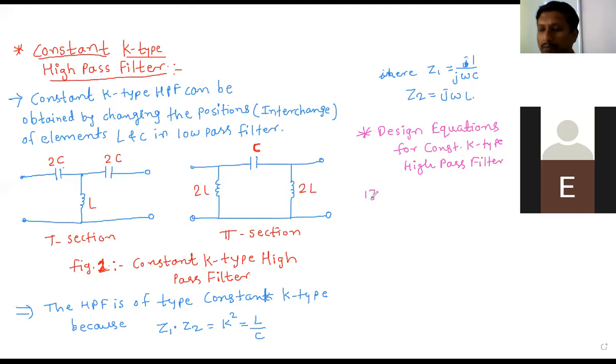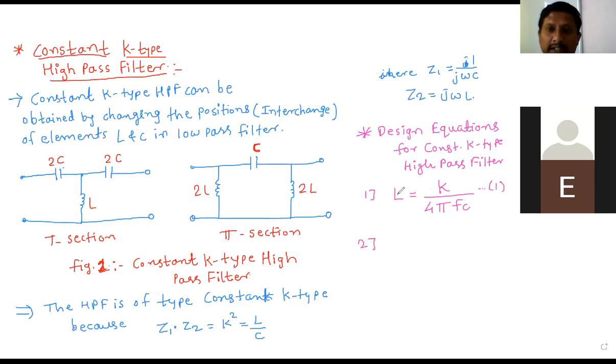So what will be the first formula? Series arm element or shunt arm, any you can take. Suppose I am taking the shunt arm, that is L. L is equal to what will be the formula? K divided by 4 pi F C. So this is my first equation.